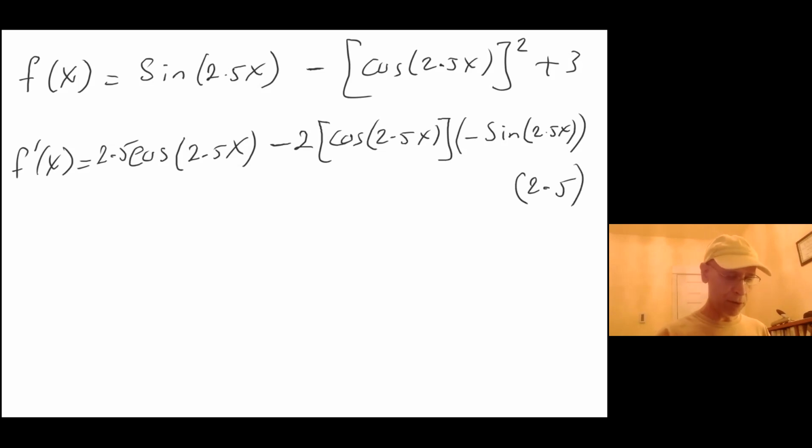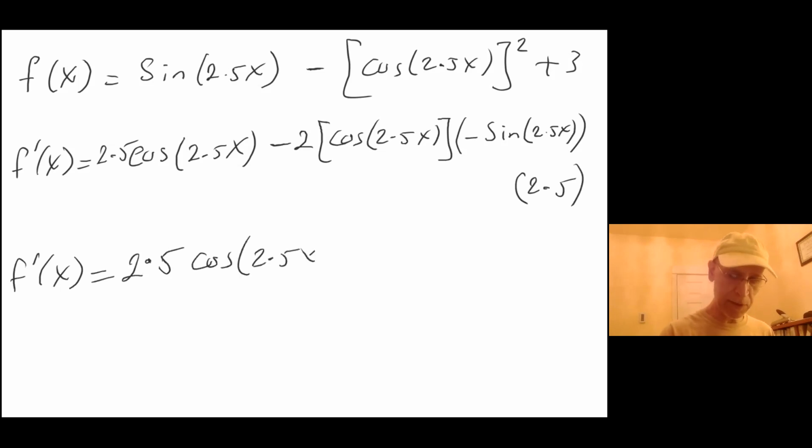Okay, so f prime of x equals, here I have 2.5 cosine of 2.5x, negative 10 times negative is positive, 2.5 times 5 times 2 is 5.